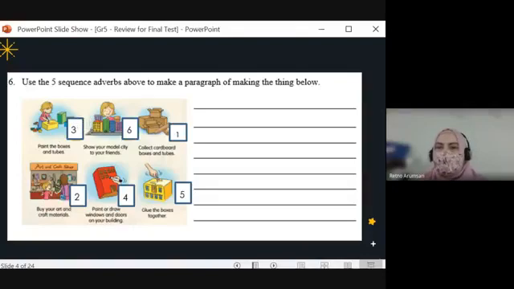Okay. Now step number 3. Who wants to go for step number 3? Arkarizi. Step number 3. After that, paint the boxes and tubes.